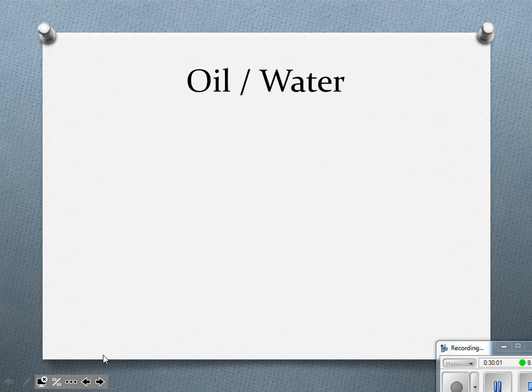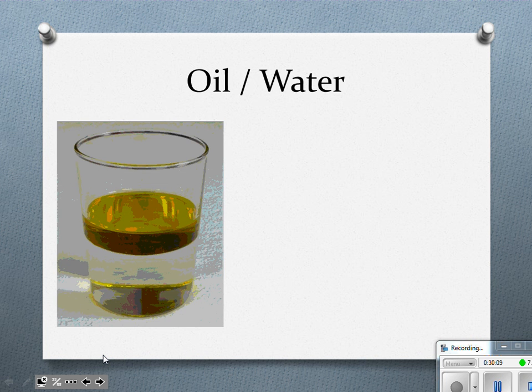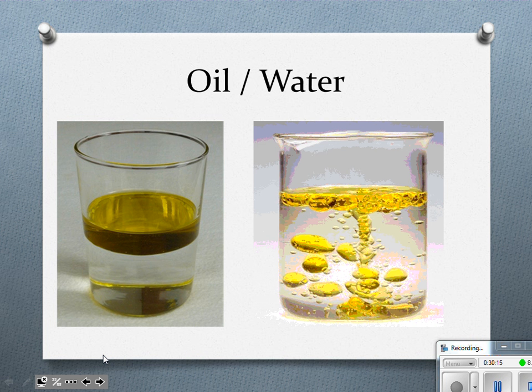What about oil and water? They're not alike, are they? So if I put oil in water, it's going to look something like that, correct? Where I have my oil layered at the top and my water at the bottom. Why is the oil at the top?